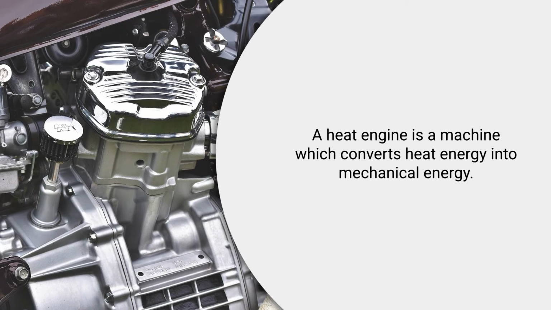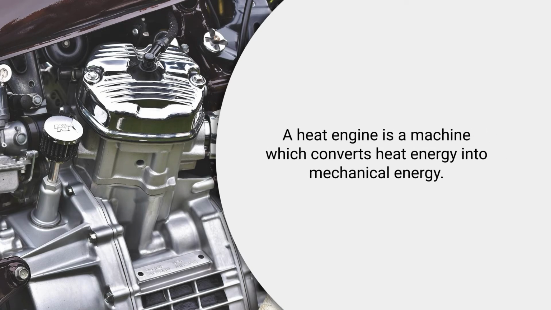Now, let me introduce how the motorcycle is running. A motorcycle runs on the basis of a heat engine, or on the basis of combustion. In other words, we can say that a heat engine is a machine which converts heat energy into mechanical energy.